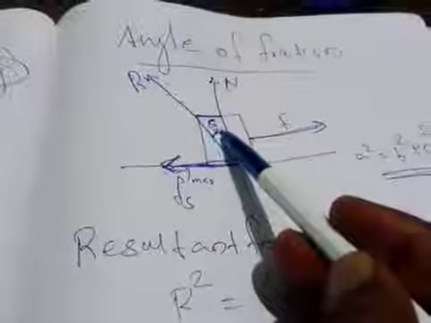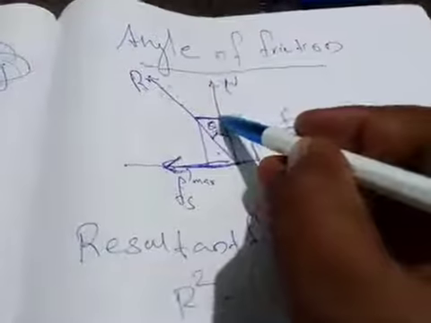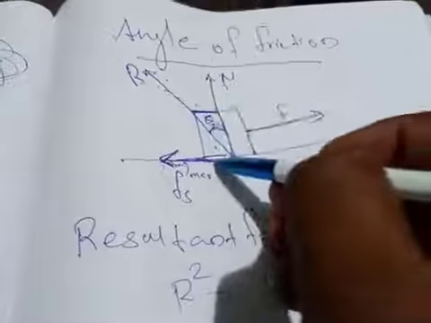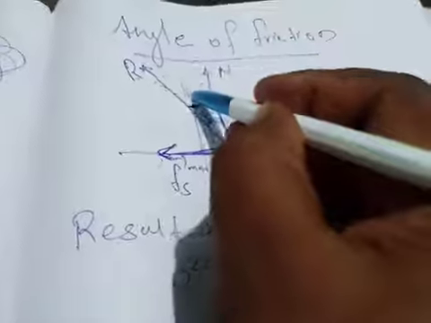So this is theta. This is opposite and this is adjacent. This opposite is equal to this one. So here Fs maximum means here also Fs maximum.